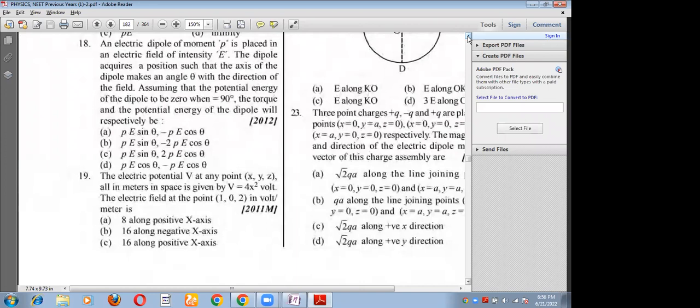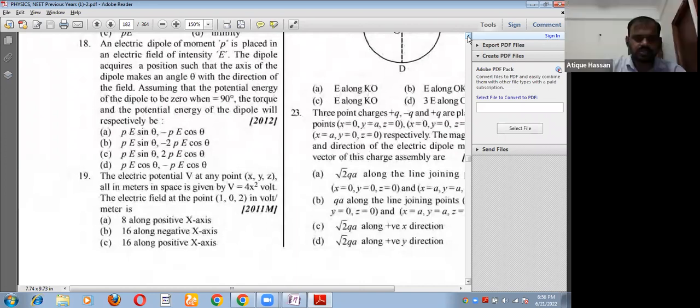Yes, sir. The question says, question number 19, the electric potential at a point x, y, z, all in meters, in space is given by V equal to 4x square volt.